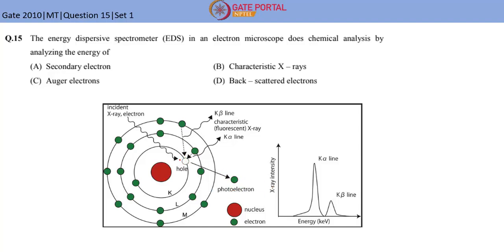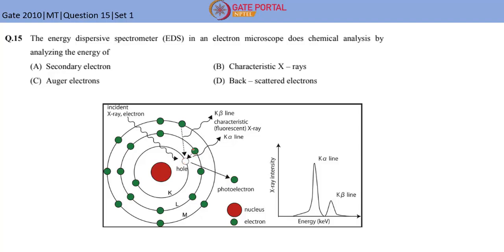Hence now there is a vacancy in the K shell of this atom. This is not the energetically favorable state, so electrons from another energy level, let's say from L or M, will try to come to the K shell.